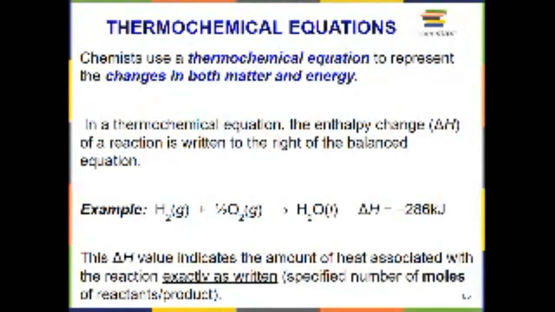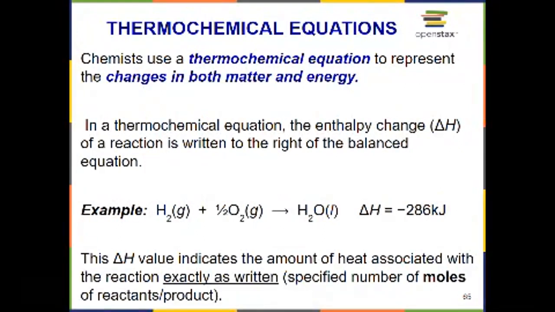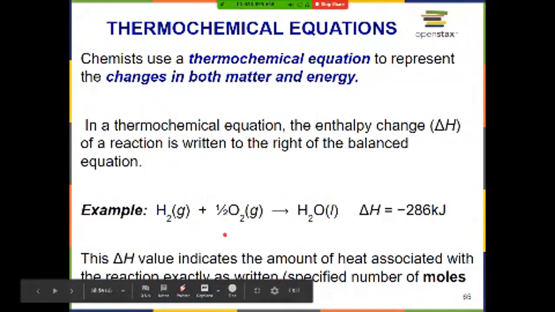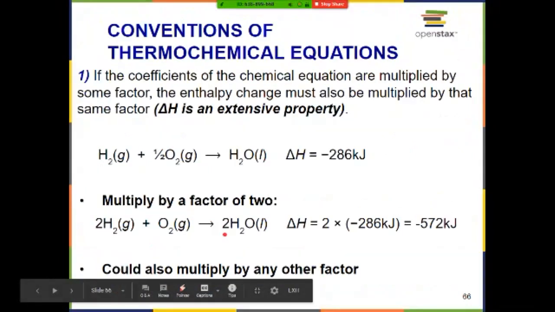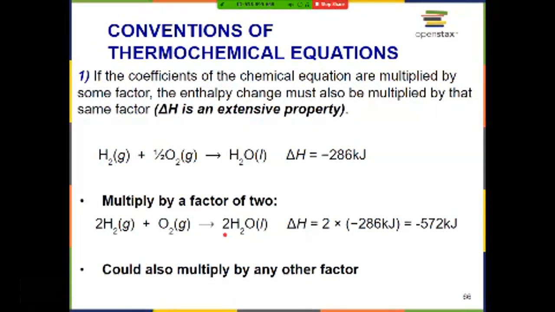But in a thermochemical equation, you can use a non-integer coefficient like that, because that enthalpy value, delta H equal to negative 286 kilojoules, is the enthalpy change when I have exactly 1 mole of hydrogen reacting with 1/2 mole of oxygen. If I change those numbers, I change the enthalpy value that's written to the right. And these are really important ideas for using Hess's law in the next video.